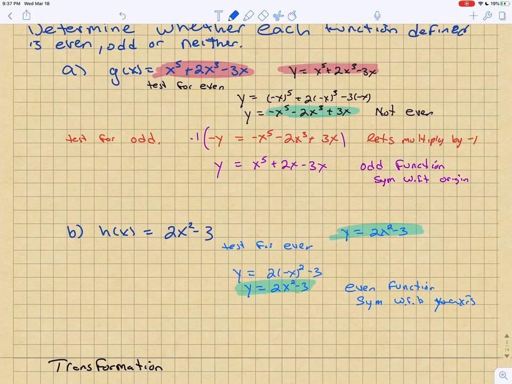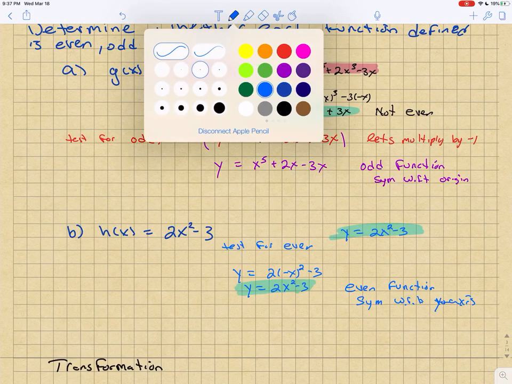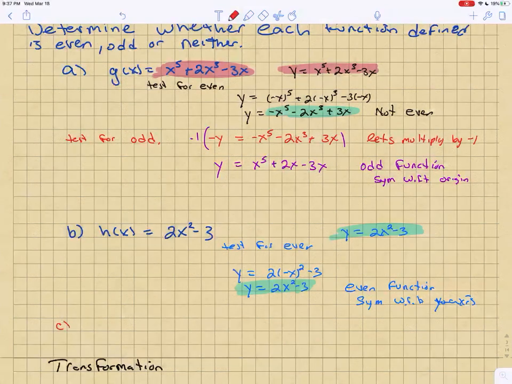All right, so that is how we will determine algebraically, which you will be asked to do on the test, whether something's even or odd, or neither. If I would have processed both of these and I would have gotten something else, let's make up a quick example because I don't have one.